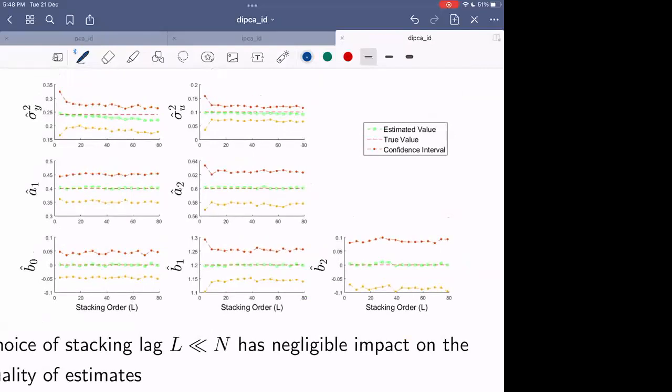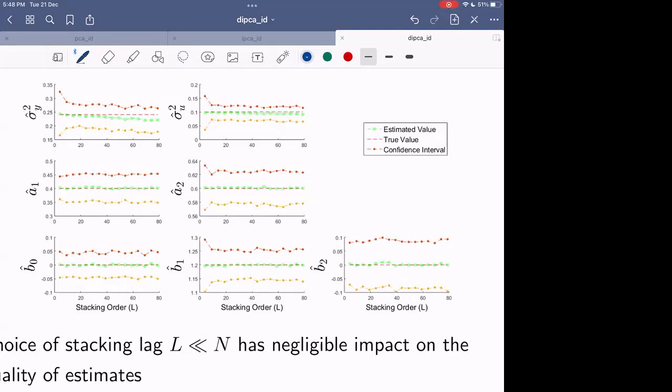You can see that as you increase L, you lose out on the sample size because you have to sacrifice a few data points, but the redundancy increases. So the loss of sample size is compensated in some way by the increase in redundancy.